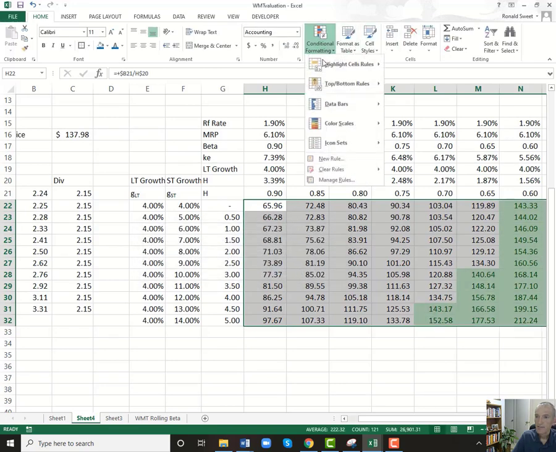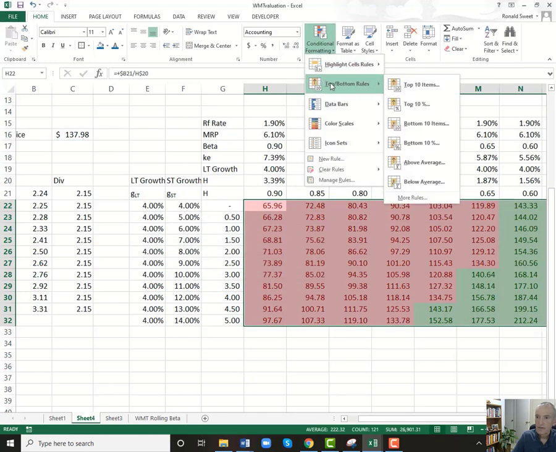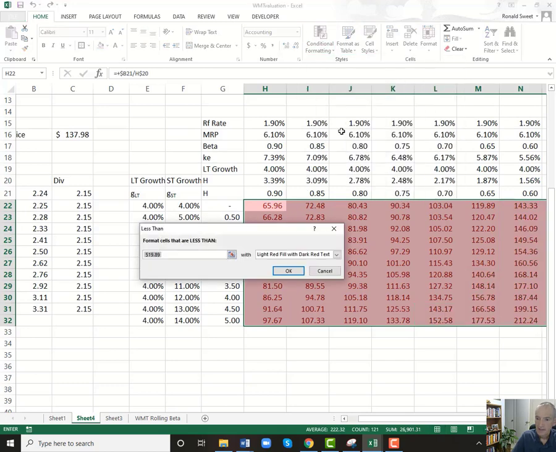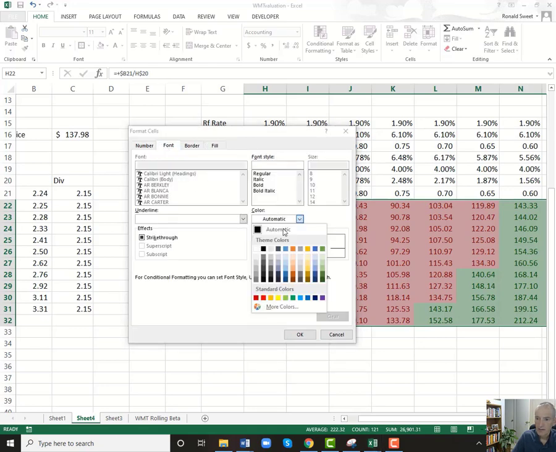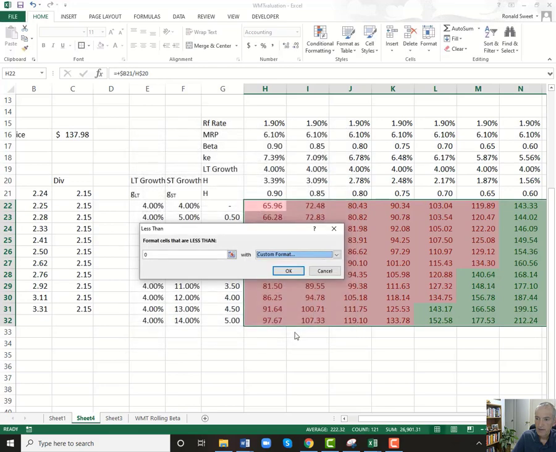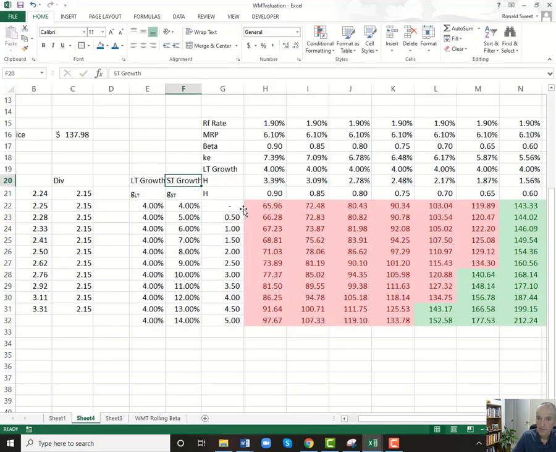And if it's less than my current price, I want it red. And then if it's less than 0, I want the font to be black. No, I don't have that in this case. We don't have that issue. And so there's my model.